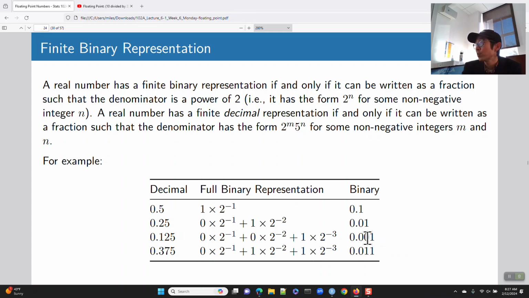No halves, no quarters, 1/8. And so 0.375 is equivalent to 3/8. 3/8 in binary would be 0.011. We have no halves, but 1/4 and 1/8 would add up to 3/8. So this is how we would get fractional values in binary. And I just want to make sure that makes sense to everybody.